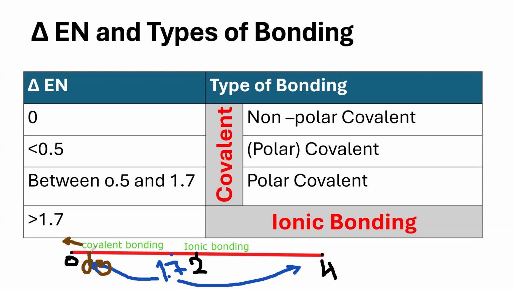Between 0 and 0.5, it's covalent, but it has some polarity, slightly polar. Between 0.5 and 1.7 is polar, true polar covalent bonding. We can classify the types of bonding depending on the electronegativity difference between the two atoms in the same bond.